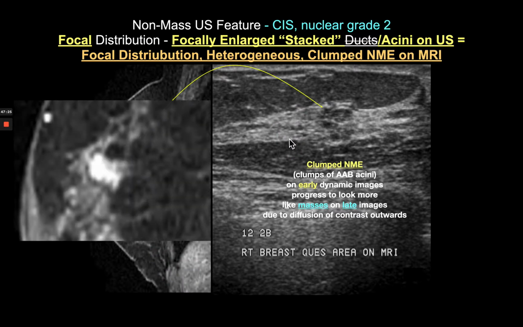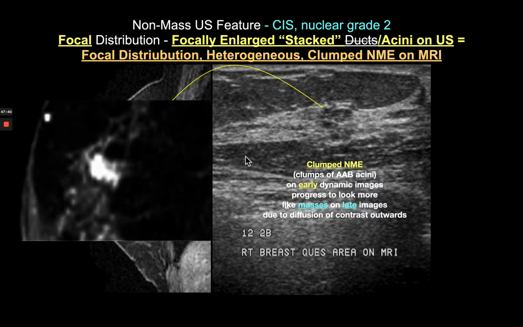Now, one of the things about this is that if you do 4 or 5 different images at different times, the contrast kind of spreads out over time. So you really have to look at the early post-contrast in order to see the clumped enhancement.